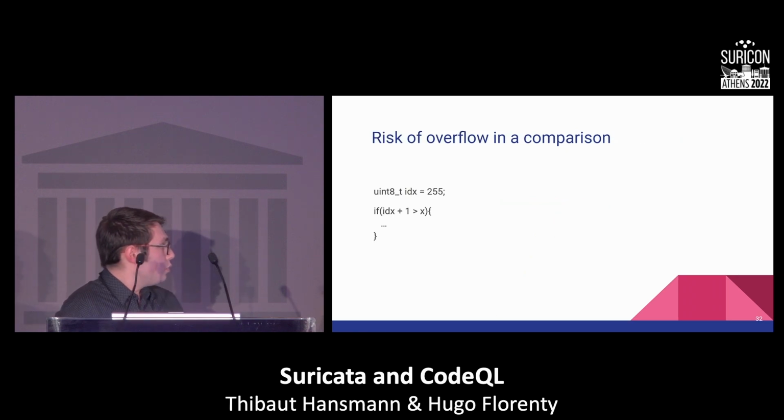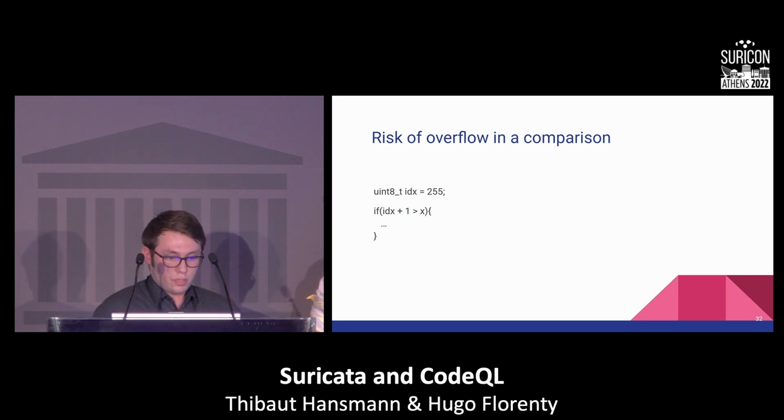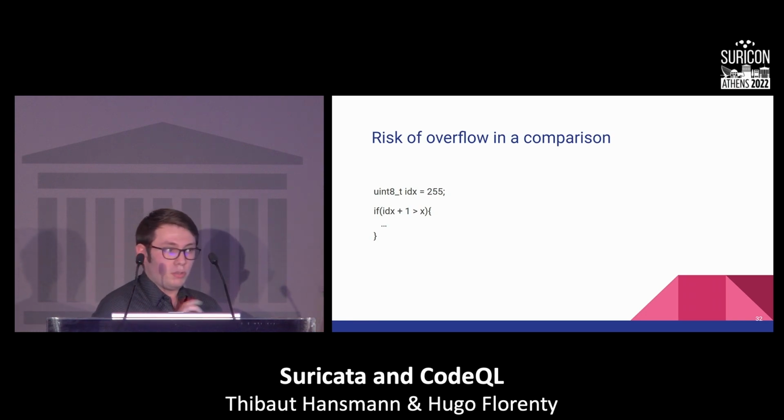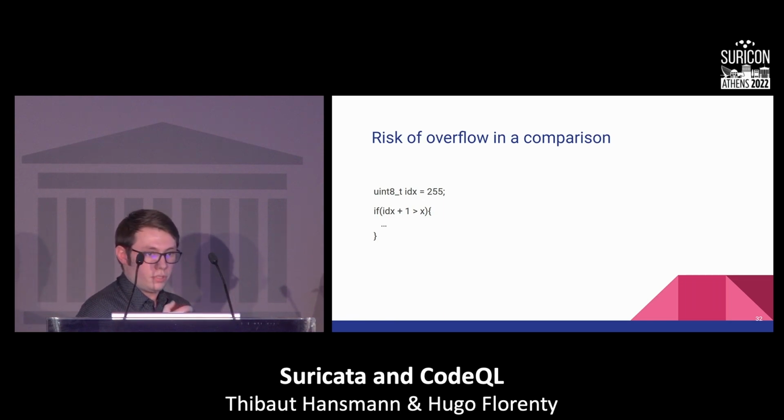Then we have the risk overflow on a comparison. So on that one, there is a risk that if you have the maximum uint for a comparison and you increment it, the comparison may become false.